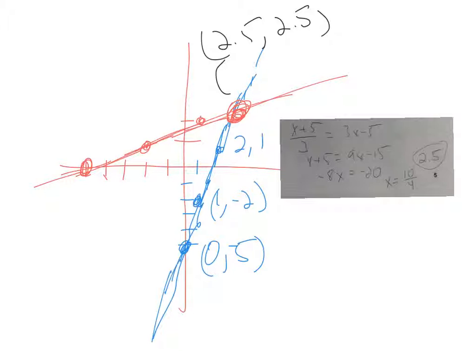The reason that happened is because, remember, we're switching x and y. Well, if these points are intersecting, the x and the y will be exactly the same. And this will happen anytime I'm graphing a function and its inverse, they'll always intersect on that line, and here's the line, y equals x. So that's one way you can tell graphically if you've done your work right, is that it'll be a mirror image across that line, y equals x.